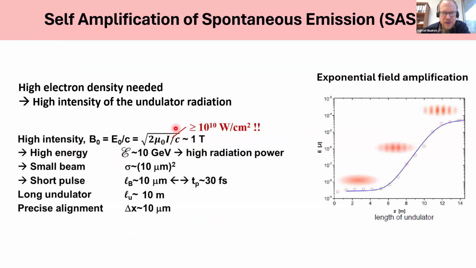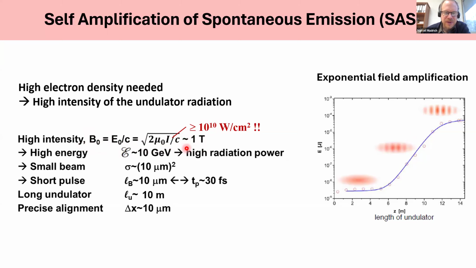This is along this many meters long undulator, such that the magnetic field component of this electromagnetic wave reaches the same order of magnitude as the undulator magnetic field, which is on the order of 1 Tesla. And yeah, so getting an electromagnetic wave into the intensity level of Tesla magnetic fields is not trivial.